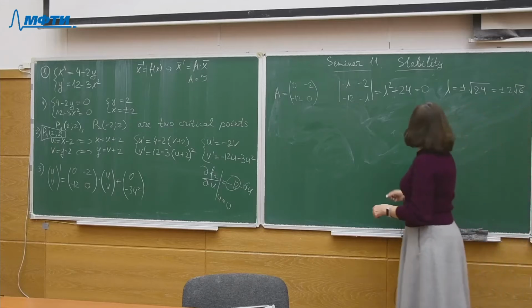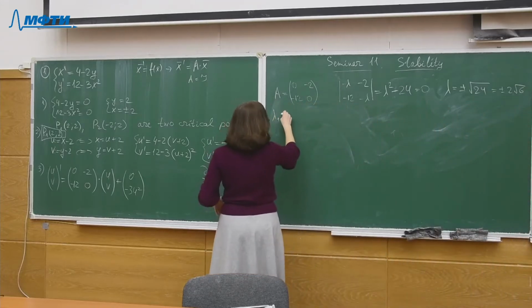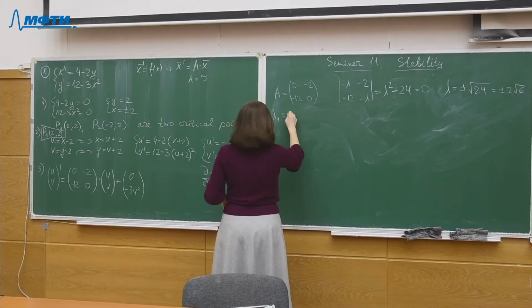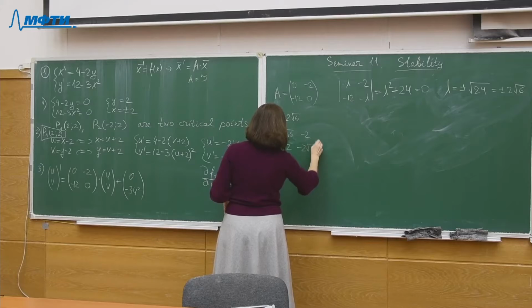And now we are trying to find the eigenvectors. For lambda 1, we substitute 2 root 6, and we will get the following matrix: minus 2 root 6, minus 2, minus 12, minus 2 root 6.